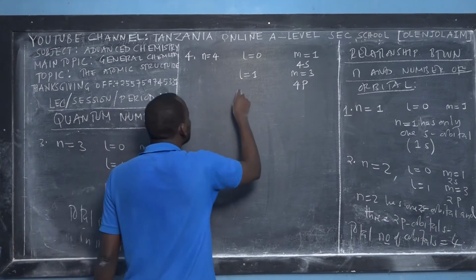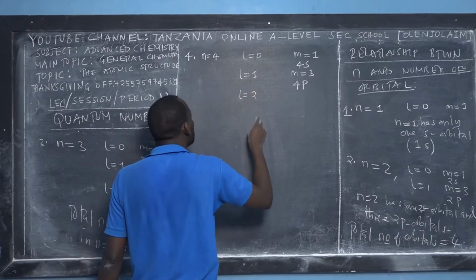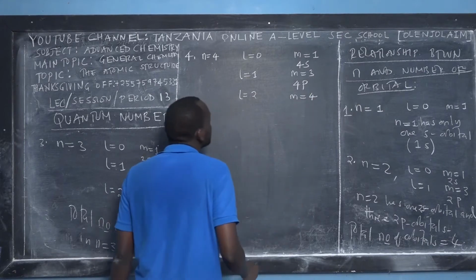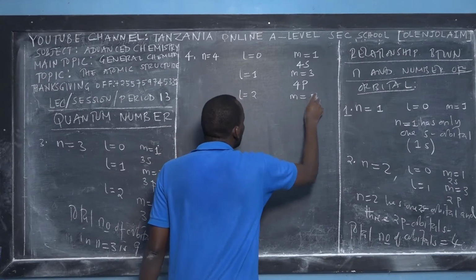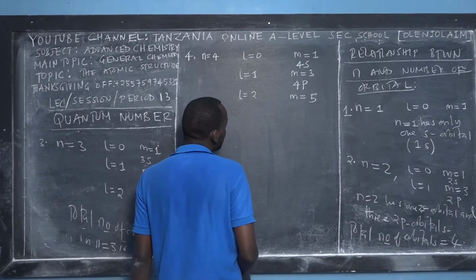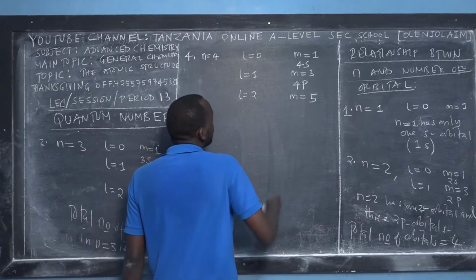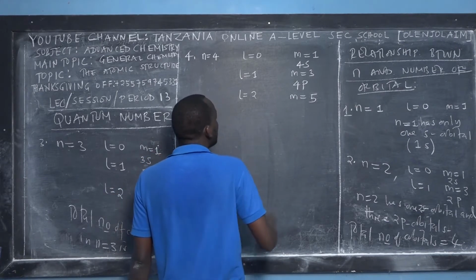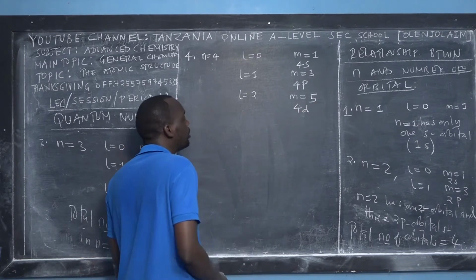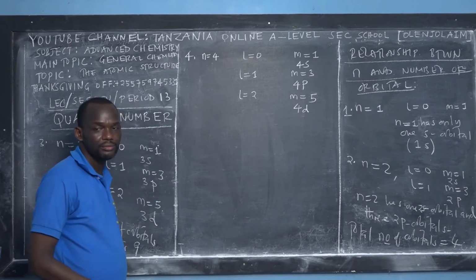Again, the next subsidiary quantum number is 2. So the magnetic quantum number is 5, because 2 times 2 is 4, and 4 plus 1 is 5. So M is equal to 5. Here we have 4d, which means 5 orbitals of the d subenergy level.